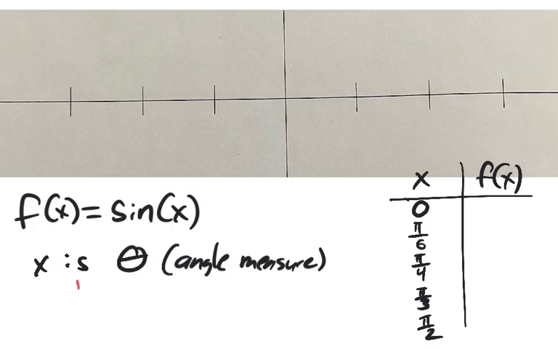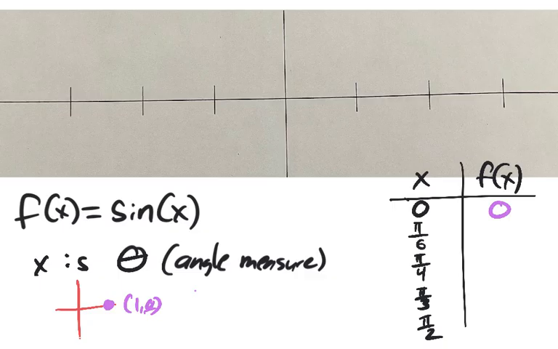This is the point where I don't like to have to explain this part anymore, but since we just had the test yesterday, let's go through it. Sine of 0 means I rotate nowhere. That puts me right here. If I'm here, this is the ordered pair 1, 0. Sine is the y value. So if I rotate nowhere, the y value is 0. So f of x is 0.